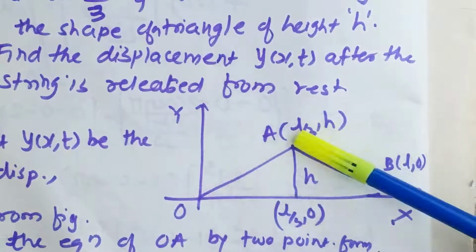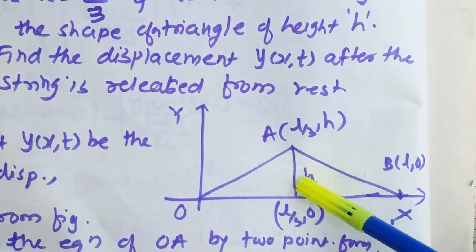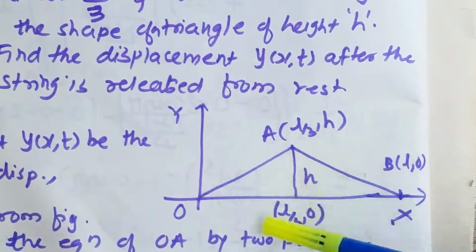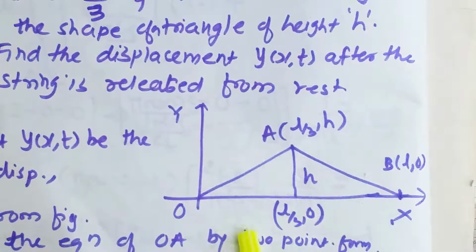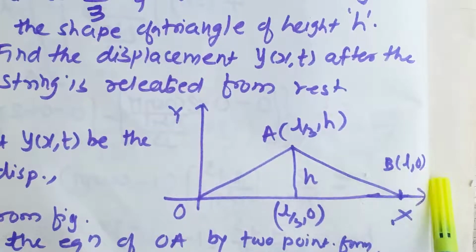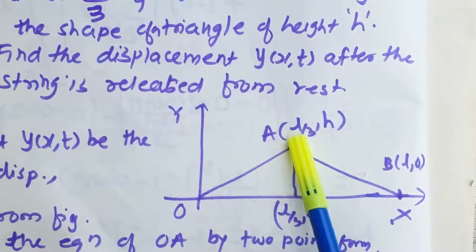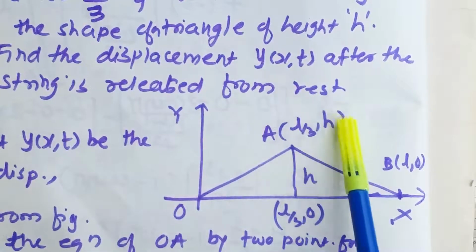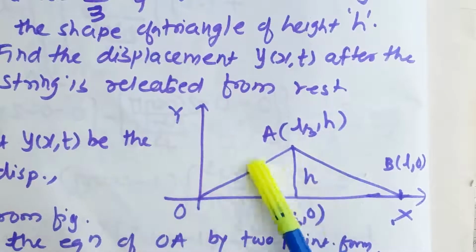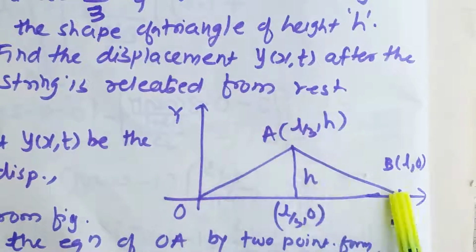And it forms a triangle. So this vertical height is h, so this y distance is h. For every point I have written coordinates also. At this point we have x equal to L by 3, y is 0. At this point x is L, y is 0. At this point y is height h and x is L by 3. Okay, so this is a triangular shape.